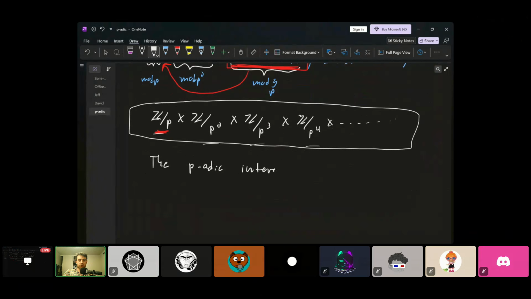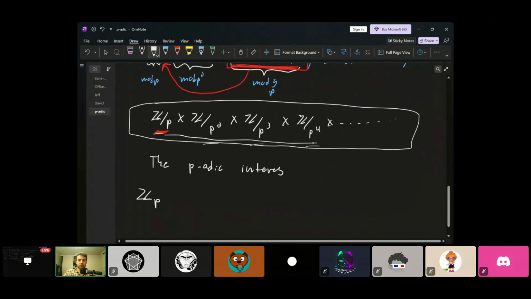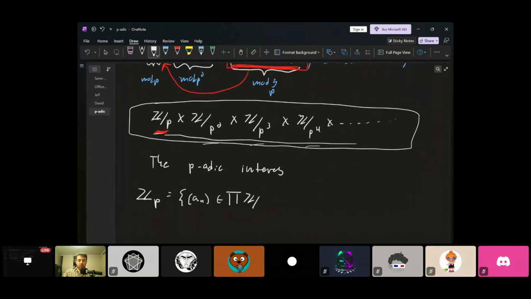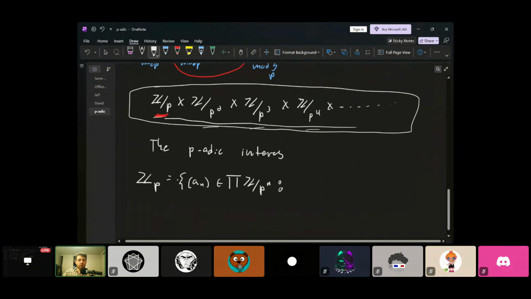The p-adic integers, Z subscript p, of course not to be confused with modulo p, is the collection of all elements of the product over the integers mod p to the n, subject to the following condition.